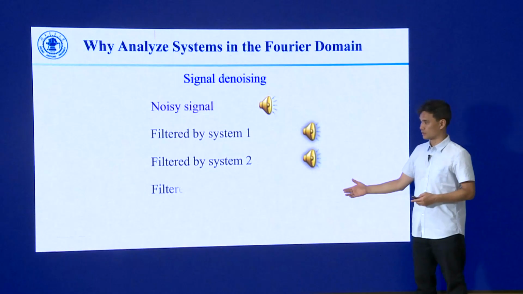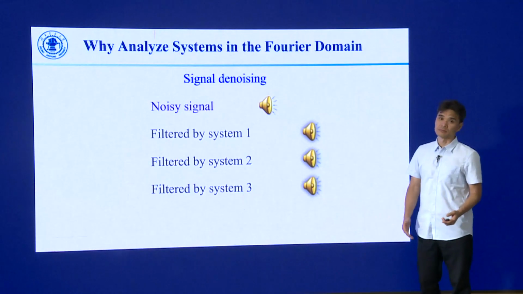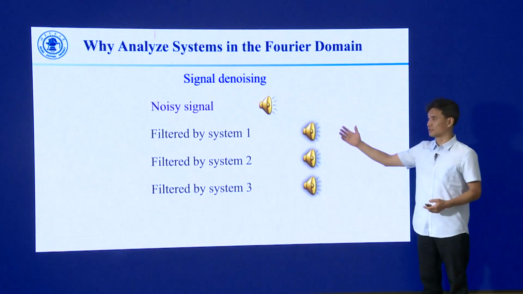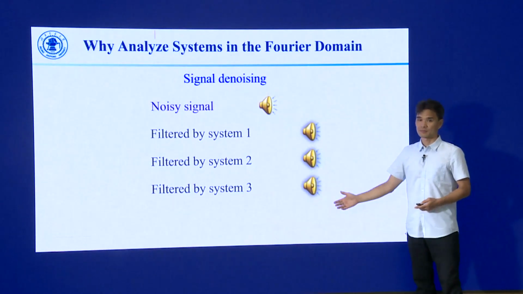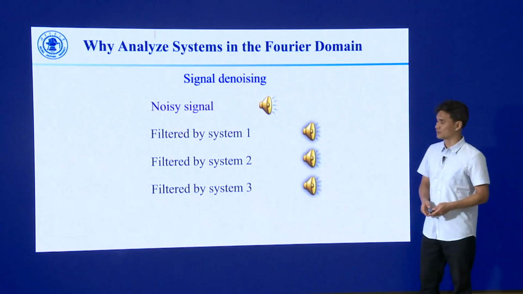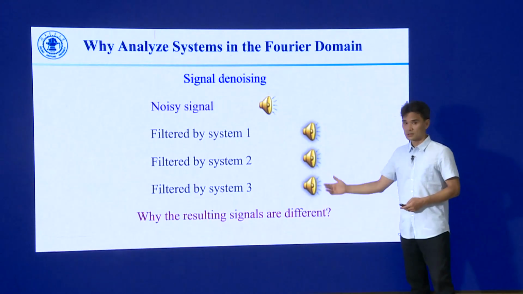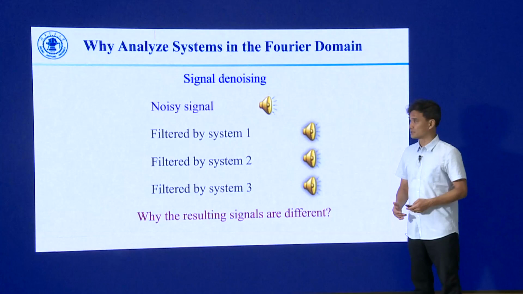This is the third system. Apparently, you can hear some difference after the process. The three systems all give slightly different signals. So why are the signals all different?